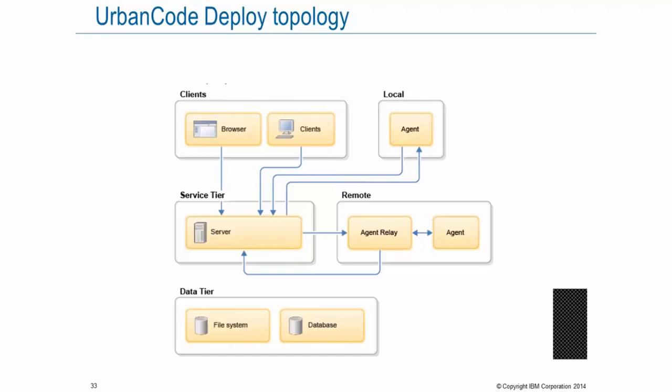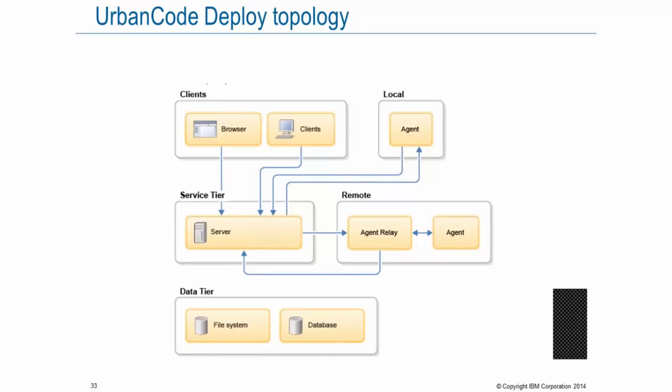Optionally, you can install what's called an agent relay. For example, if you have different data centers, you may want to have an agent relay installed in each of the data centers, and then the agents connect to those relays. One of the advantages of using agent relays from 6.1 on is that they also cache the downloads.